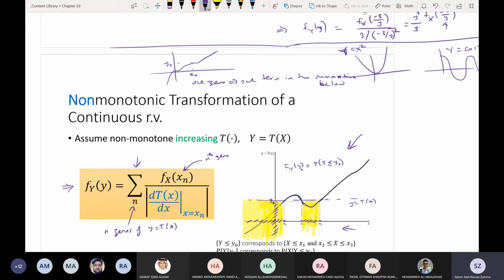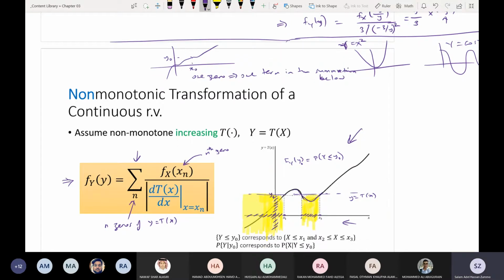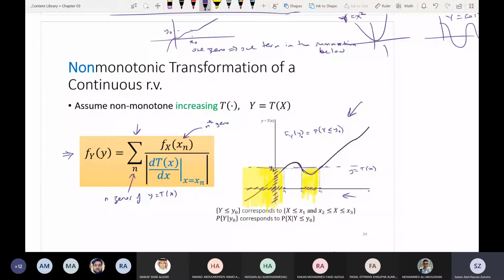Okay. Now, in general, for example, in this case, I have 2 zeros. For the cosine, I have infinite zeros.